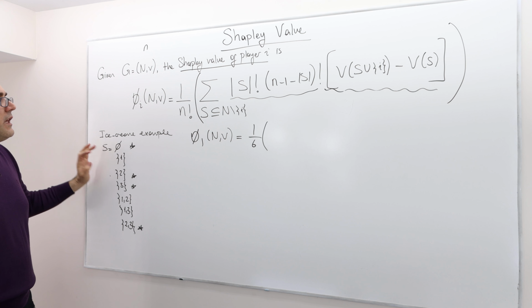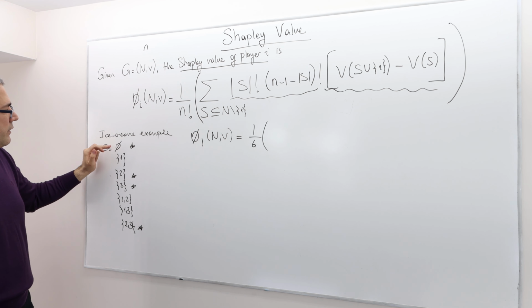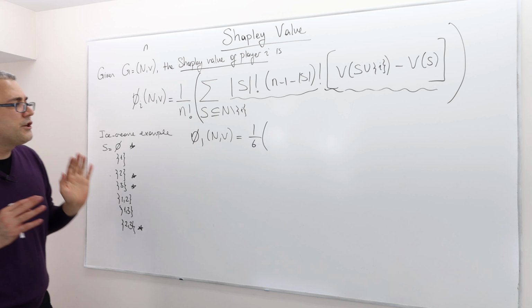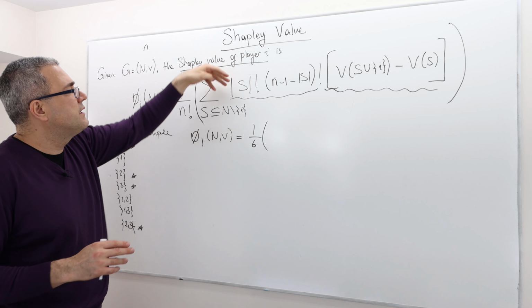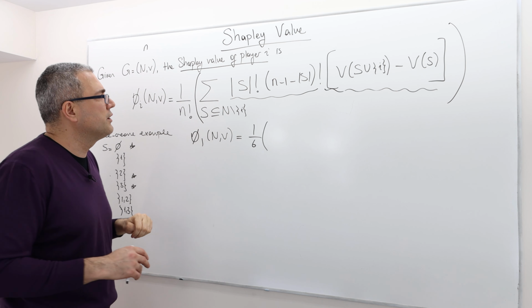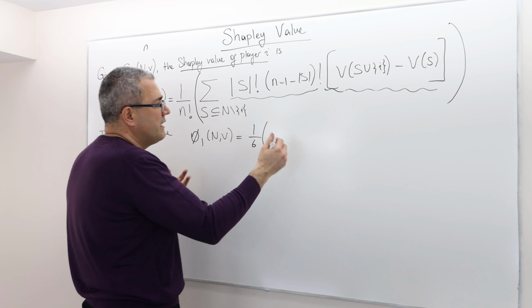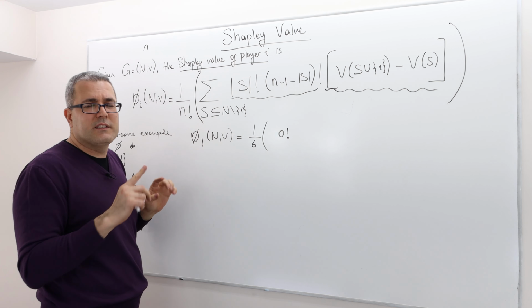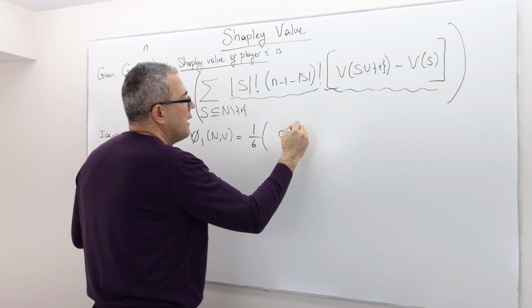Okay, so here's what I'm going to do. I'm going to do it for the empty coalition first. If the coalition is empty, what is the number of players in the empty set? Well, 0. So this is 0 factorial, right? I know that it's 1. 0 factorial is not 0, be careful.